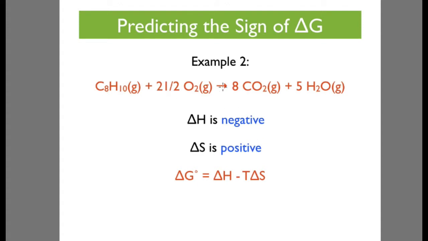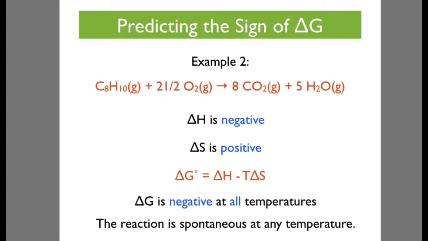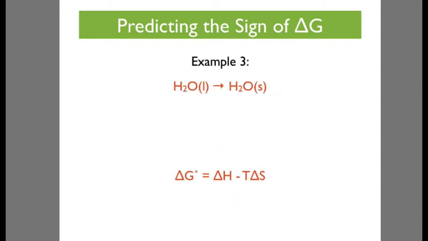There's an increase in particles of gas as you go along this way, so entropy is increased, disorder is increased. So you've got a negative delta H, you've got positive delta S, so positive multiplied by a negative is going to be negative regardless. The change in Gibbs free energy is negative at all temperatures, so the reaction is spontaneous at any temperature.